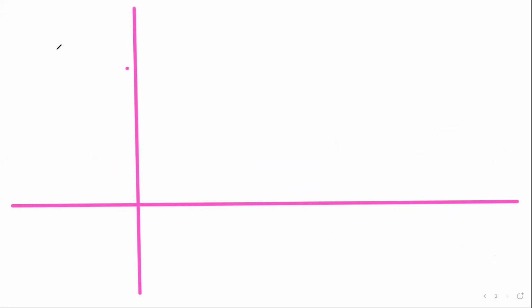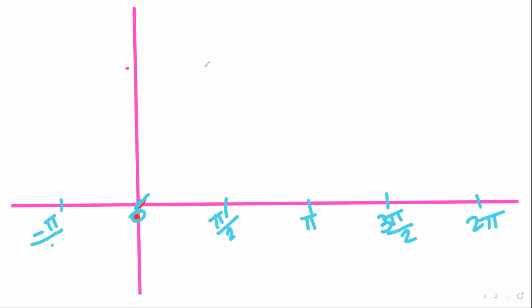Let's have the angles now here as 0, pi over 2, pi, 3 pi over 2, and 2 pi. And here you have negative pi over 2.